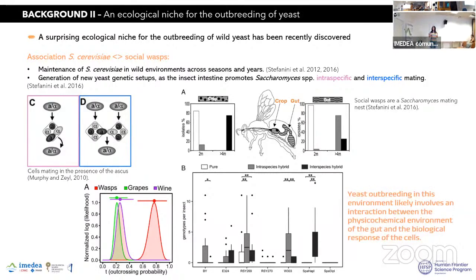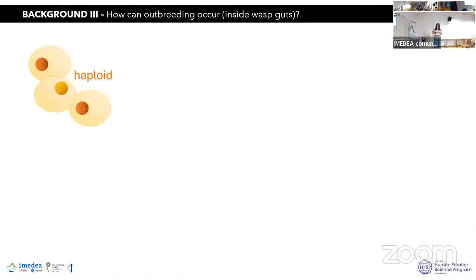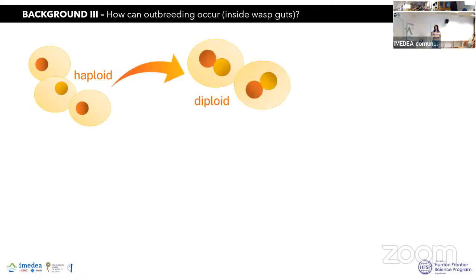So, in conclusion, yeast outbreeding in this environment of course has to involve physicochemical factors, and of course the biological response of cells. So just a summary, okay, to focus you on the main question: how can outbreeding occur inside the wasp gut? Okay, so we have to have a lot of strains of haploid cells that then can alternate to diploid, okay, available.